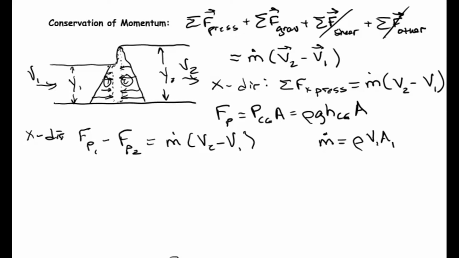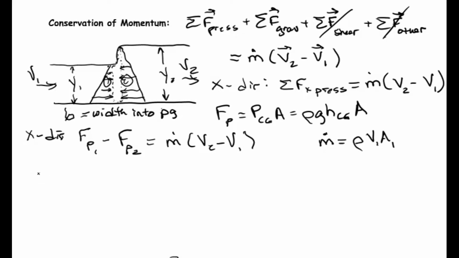So our cross-sectional area here is Y1, the height, times B into the page. So B equals width into page. It's supposed to be a B. All right.